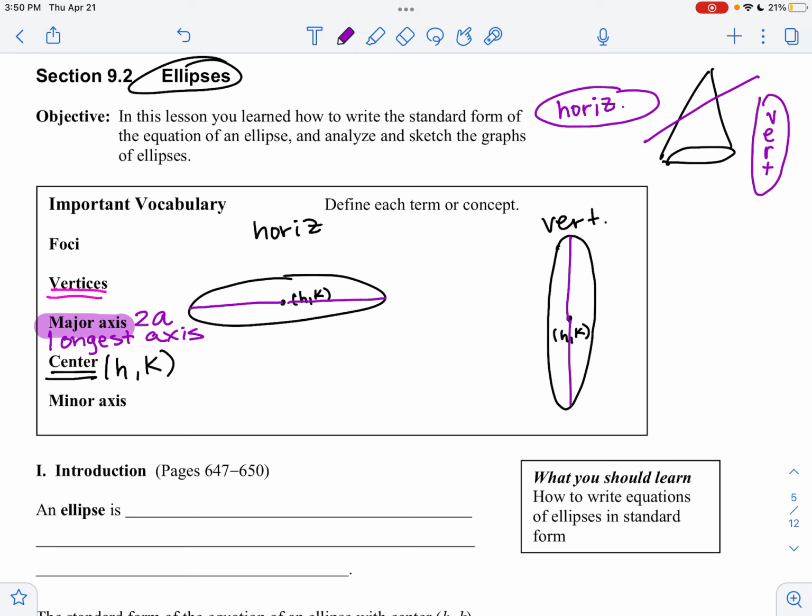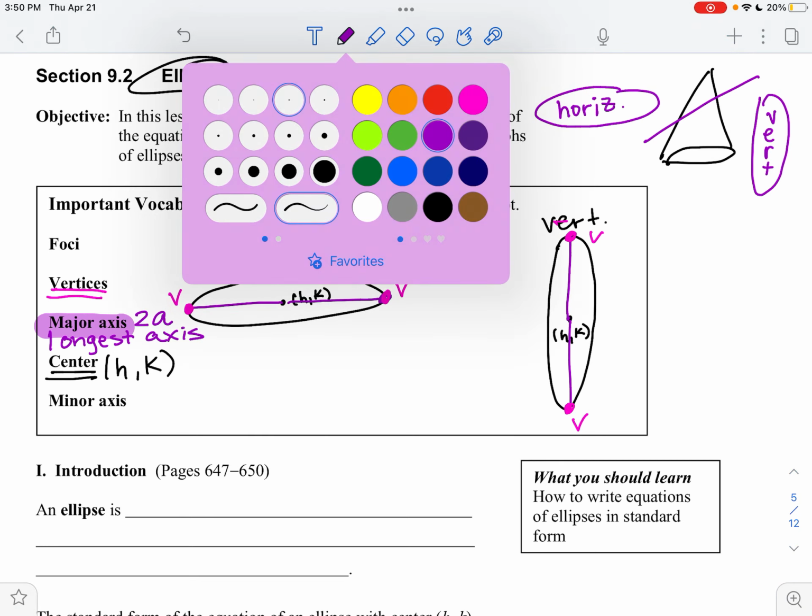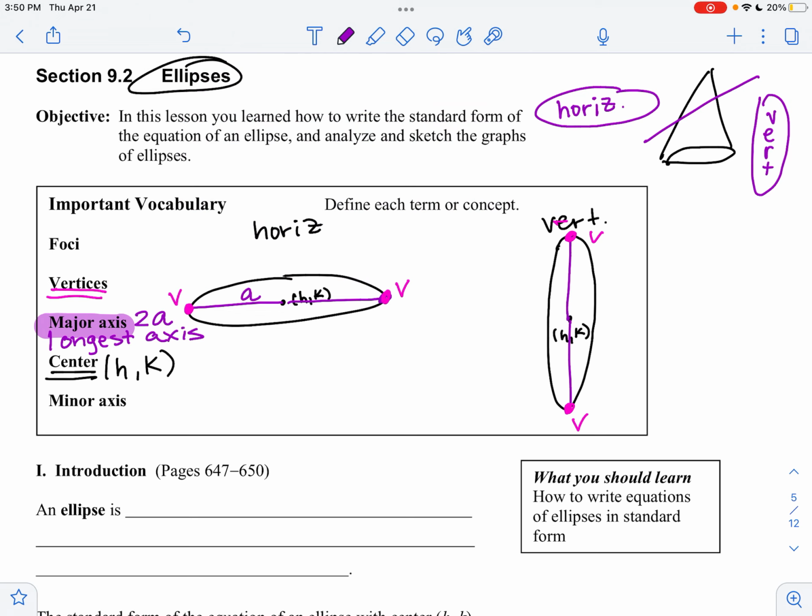So from the center to what's called the vertices, they hit the ellipse on the major axis. So these are both called vertices. A vertex here and a vertex here. The distance to the vertex is A from the center. Okay, so A from the center horizontally.